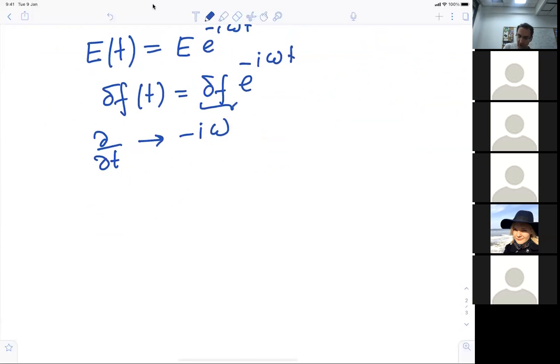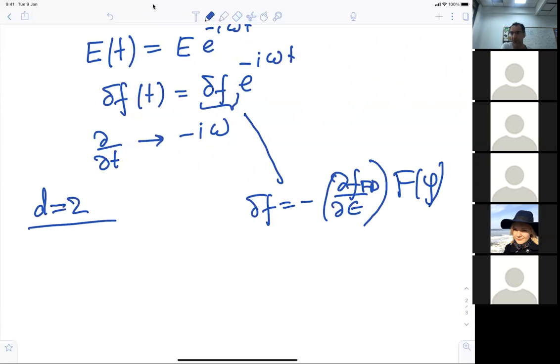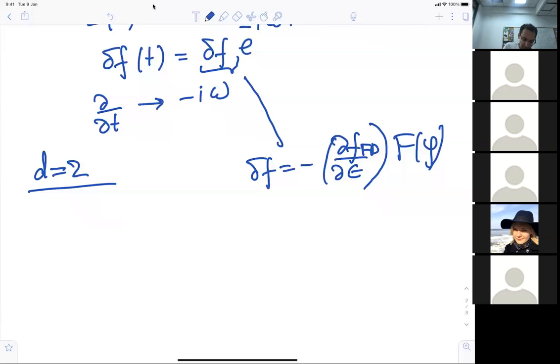So this function delta f, we will parameterize it by a part which is a derivative of the Fermi-Dirac distribution function with respect to energy times some function that depends on the angle. And to be in a simple situation, let me consider two-dimensional samples. So in this case, phi would be an angle between the momentum and the direction of the electric field.